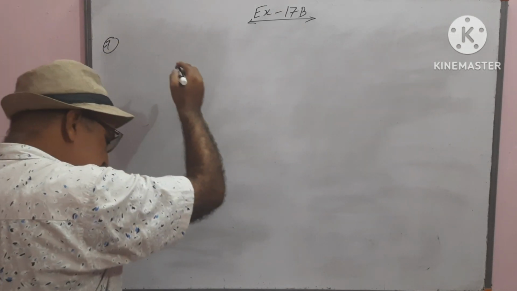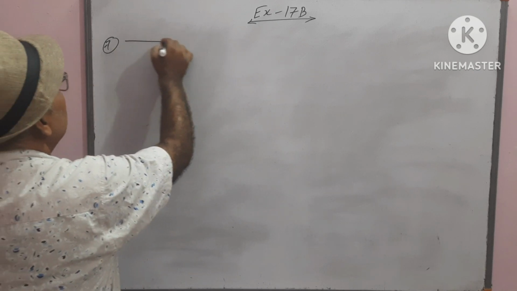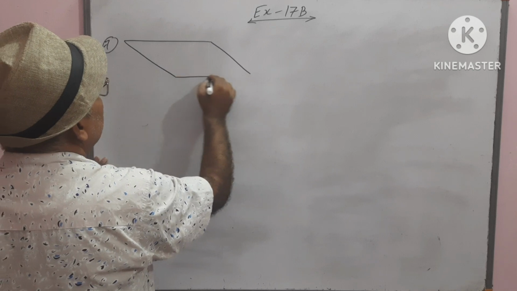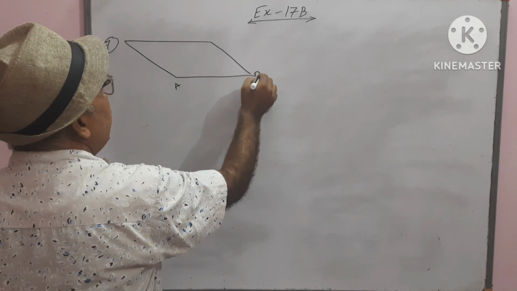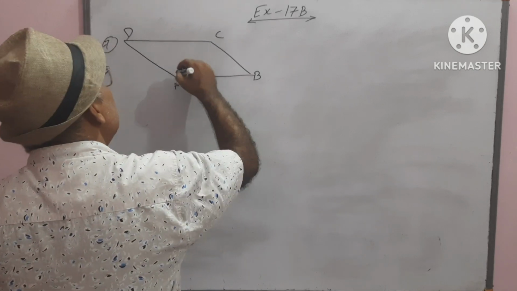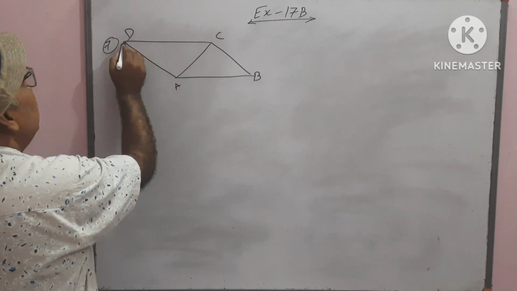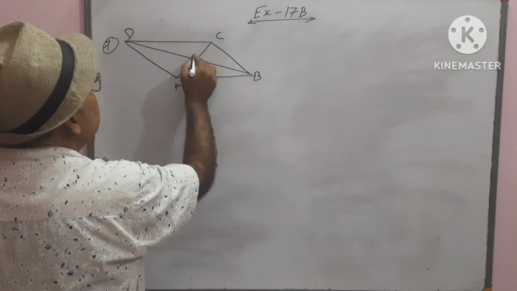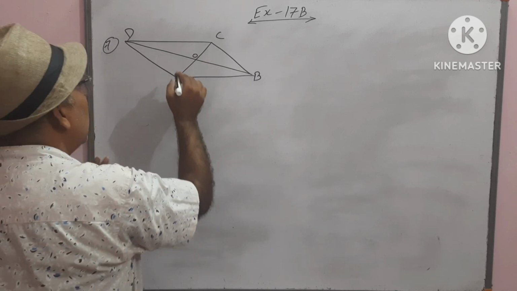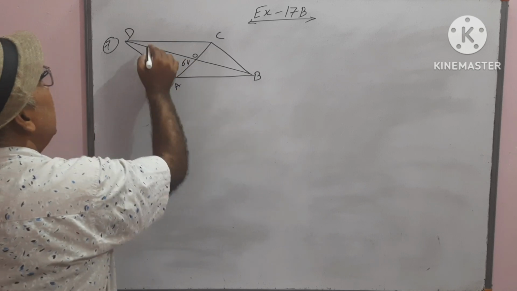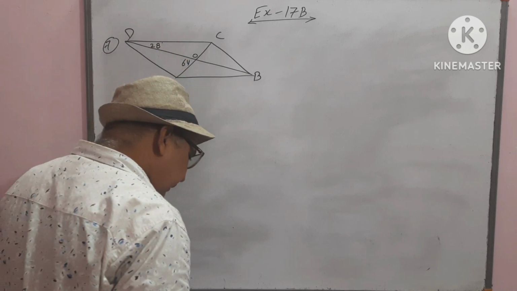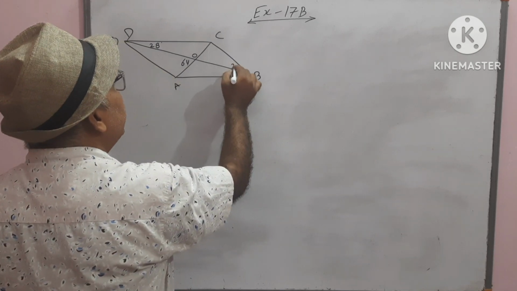In question number 7, it is given that ABCD is a parallelogram in which diagonals AC and BD are intersecting at O, and angle AOD is 64 degrees, angle ODC is 28 degrees, and angle OBC is 36 degrees.